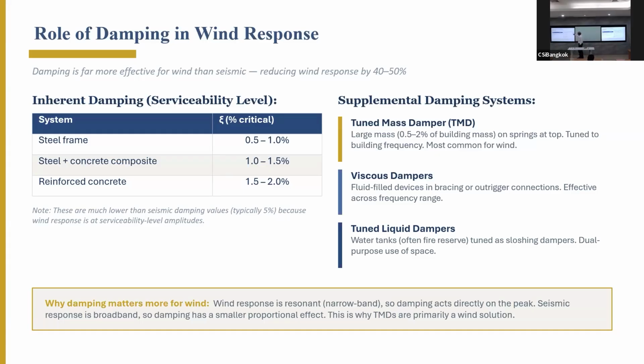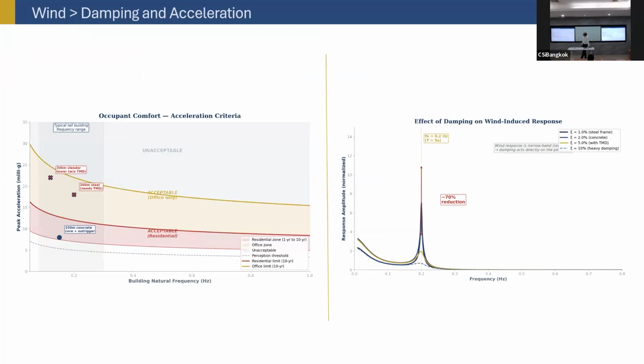Okay, so supplemental damping systems: tuned mass dampers, you all know about that, viscous dampers, tuned liquid dampers. I'm sure you will read and study a lot. The important thing is that damping has a relationship with the natural frequency, and the peak acceleration, which Mark also mentioned, is the primary criterion for wind design. It's not so much strength and serviceability, which are important but easy to do. The difficult part in a tall building is always making sure that your accelerations are within limit.